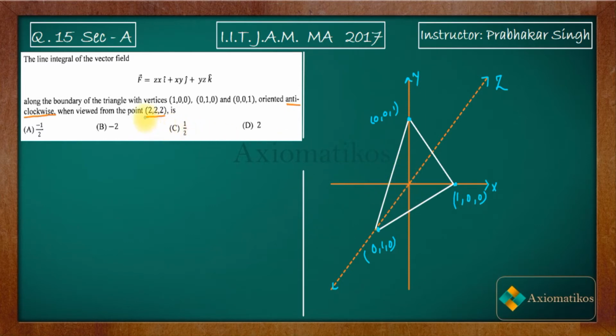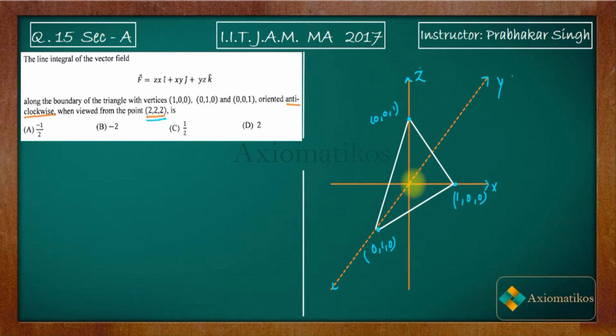So let us first see where the point (2, 2, 2) will lie. We take 2 from the x-axis, 2 from the y-axis. I'm sorry, I marked it incorrectly. This is the z-axis, not y. This is z and this is y. Now 2 from the x-axis, 2 from the y-axis, so it will lie somewhere here.